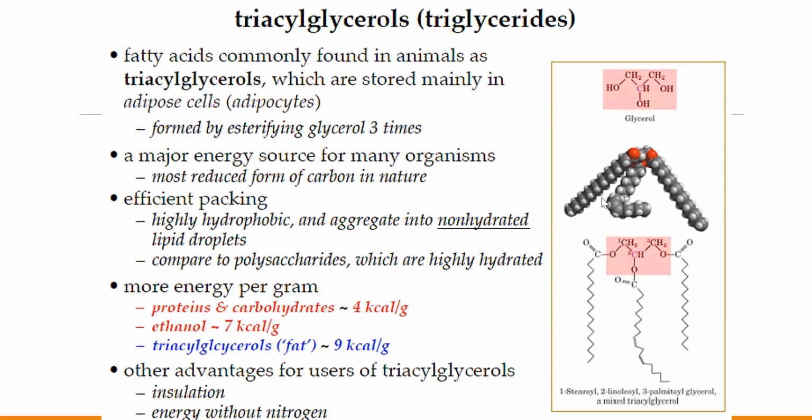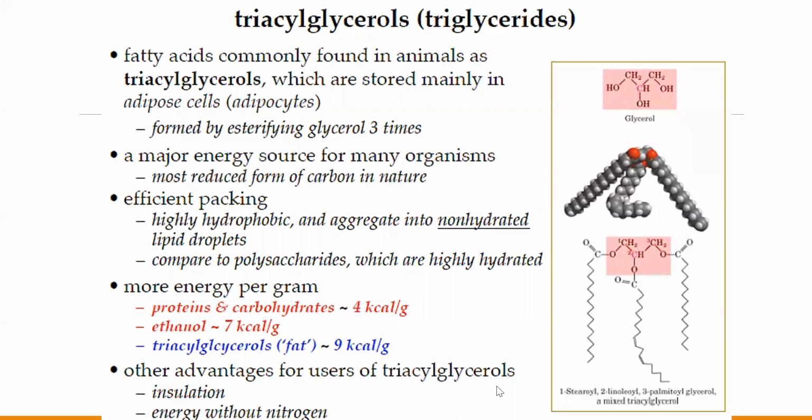unlike in your carbohydrates or polysaccharides. And as a main source of energy, proteins and carbohydrates can actually yield 4 kilocalories per gram. Ethanol yields 7 kilocalories per gram. For triacylglycerols, the fats, your animal fats and animal oils, can yield 9 kilocalories per gram.